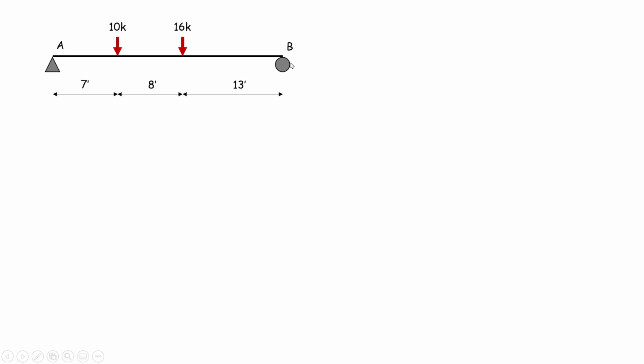For example at B, this is a roller, so we have only one reaction. I just call this one BY. At A, this one is a pin. On the previous slide I mentioned that this one has two reactions, so I just call them AY and AX.